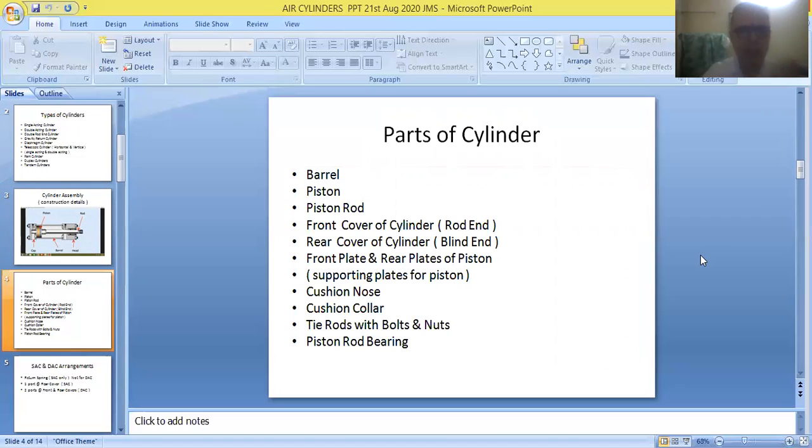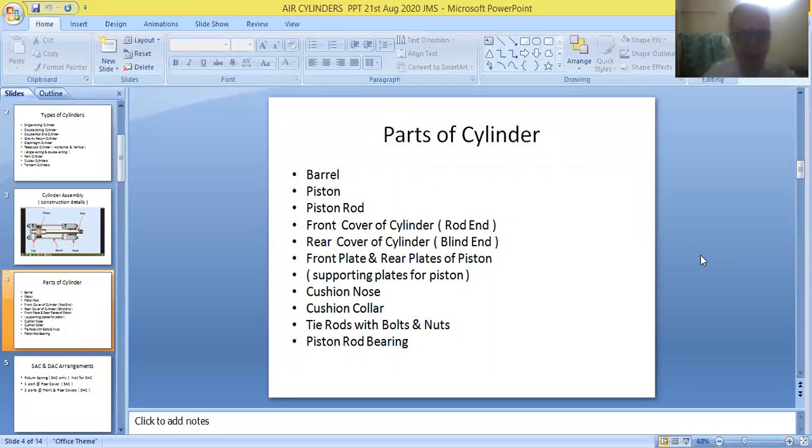So a cylinder consists of a barrel, piston rod, front cover of the cylinder, rear cover of the cylinder, front plate of the piston and rear plate of the piston, cushion nose of the cylinder, cushion collar of the cylinder, piston rod bearing, and tie rods with bolts and nuts.